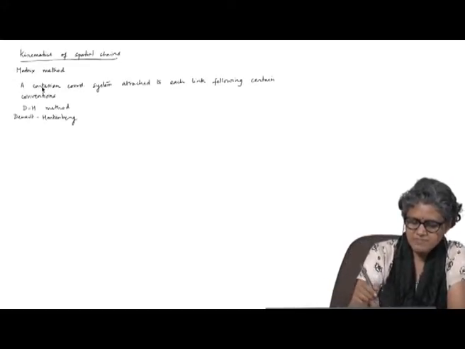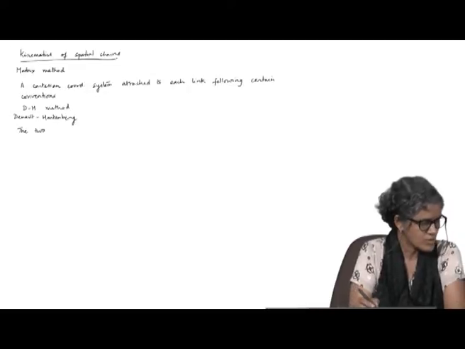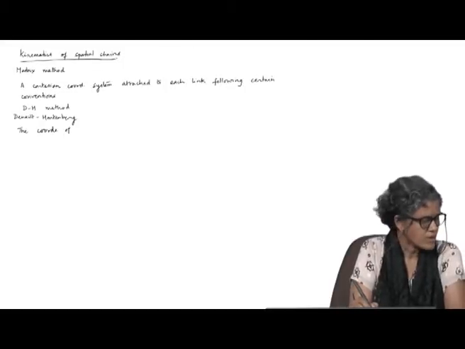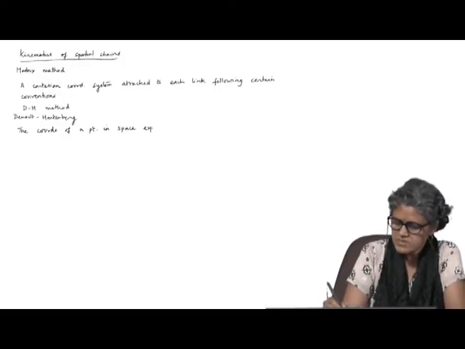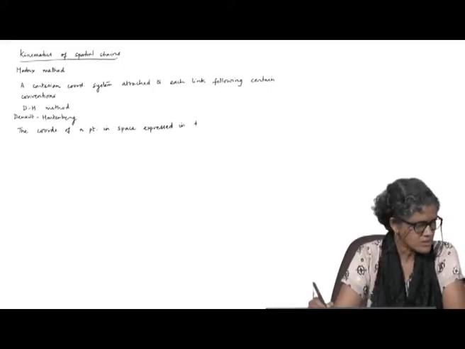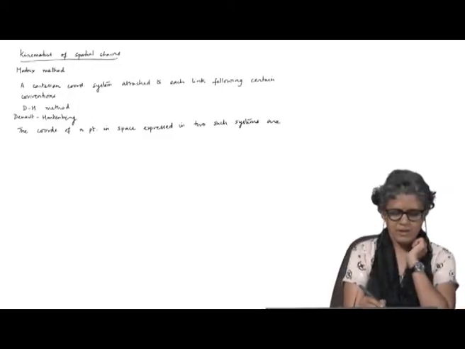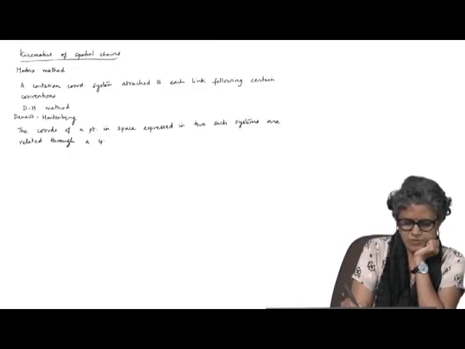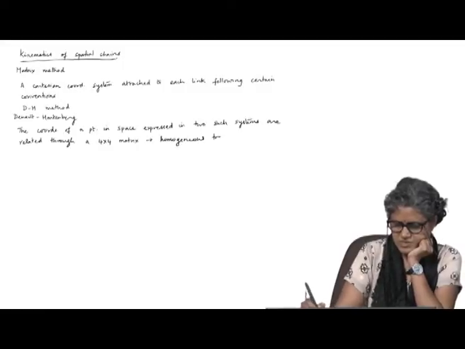So, once these are defined in this manner, the two coordinate systems are related, or the coordinates of a point in space expressed in two such systems are related through a 4x4 matrix, which is called the homogeneous transformation matrix.